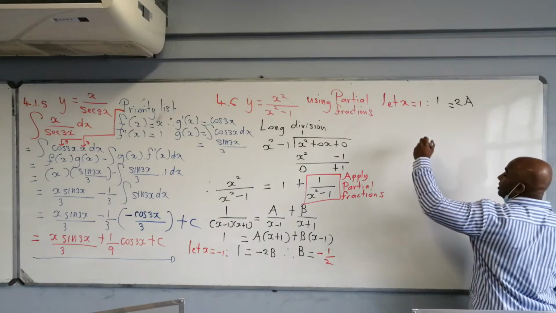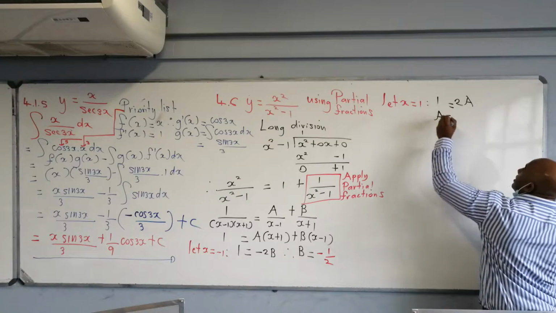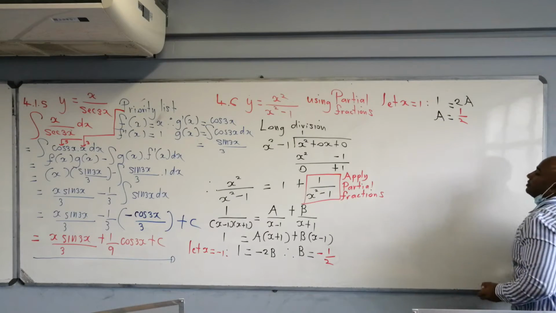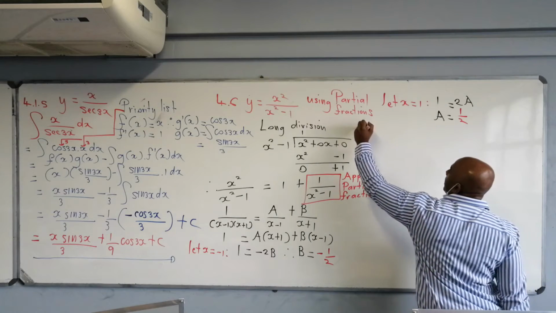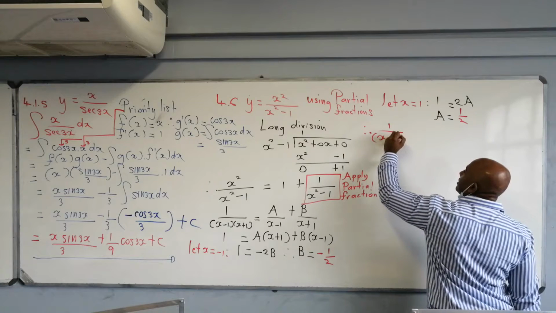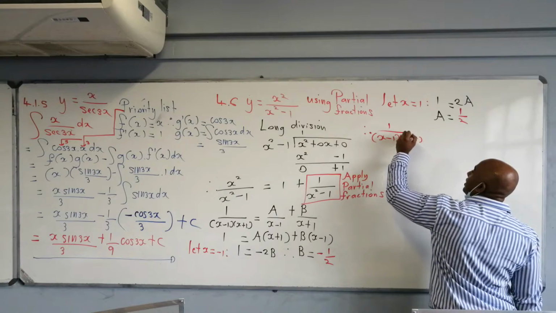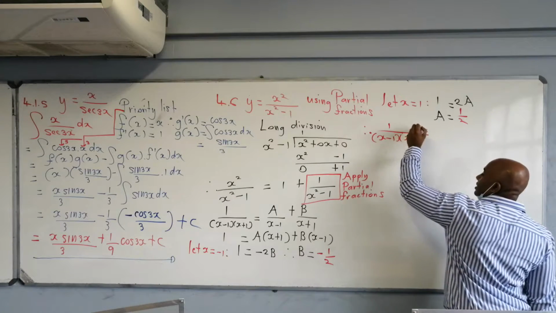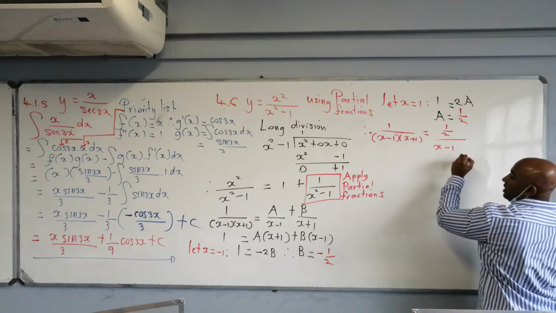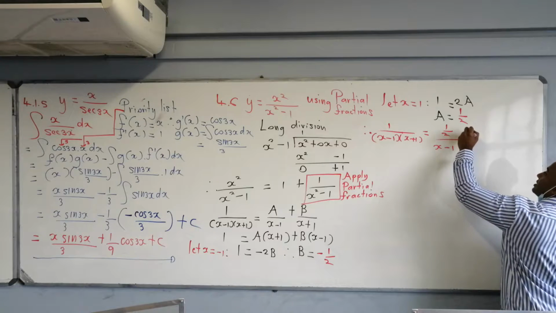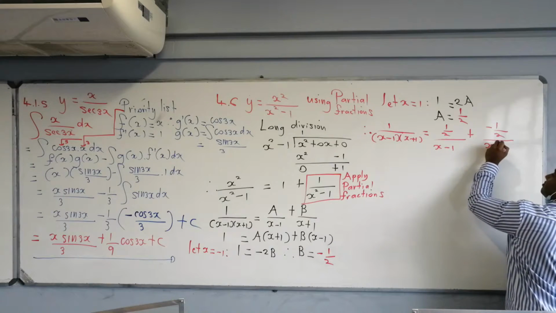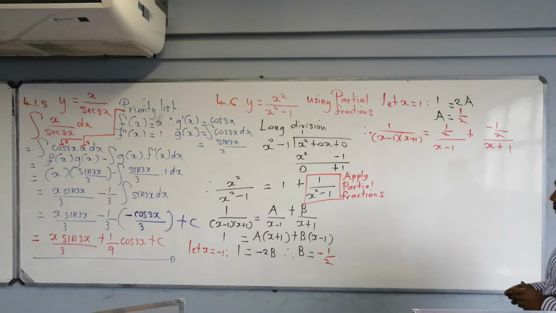So therefore a is going to equal 1 over 2. So therefore 1 over x minus 1, x plus 1 is equal to 1 over 2 divided by x minus 1 plus minus 1 over 2 divided by x plus 1.